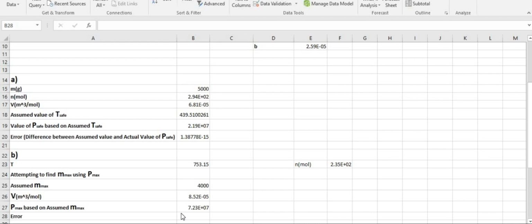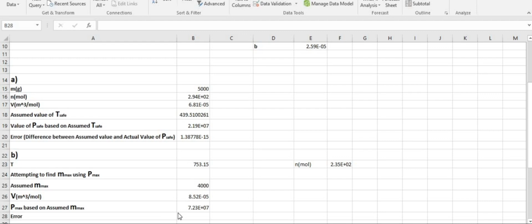So it implies that since we have M in the denominator, that's the small letter m in the denominator, while looking for our molar volume, our P max is therefore directly proportional to the M max.